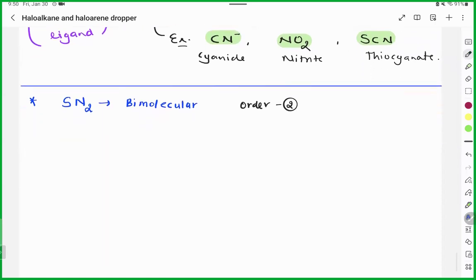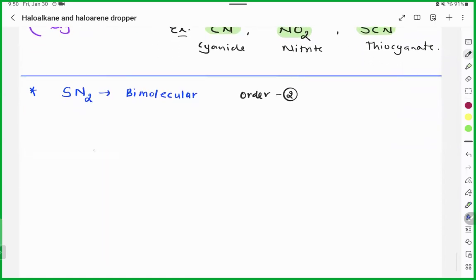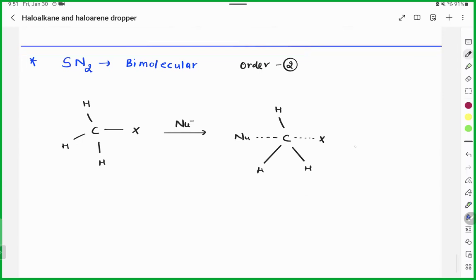You must have written the SN2 mechanism in this way: you have carbon with a 4 structure like this, because we are doing chemical properties of alkyl halide, the main reactant. When it reacts with the nucleophile, then you will have a 4 structure. Nucleophile, and then ultimately done.